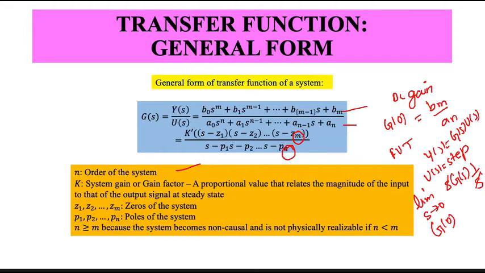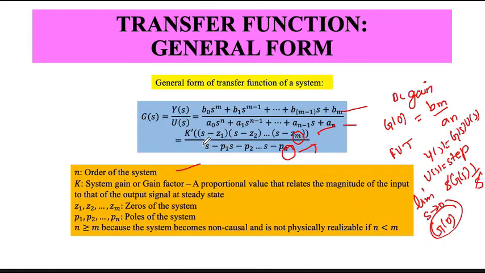So these Z's are called the zeros of the system, and I will shortly define them formally. These are called the poles of the system. If I write my system in this form, my DC gain, let us call it G naught, is obtained by putting s equals to 0 in this form.